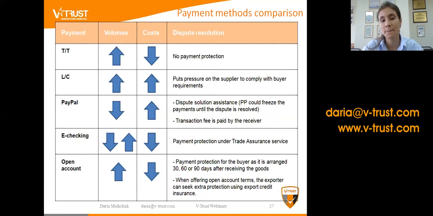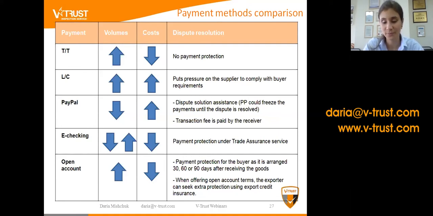Only after they receive payment for their goods being sold do they pay the factory. But this might not be applicable for your case, because I think we have attendees from small and medium enterprises, so it might not be applicable for you immediately.